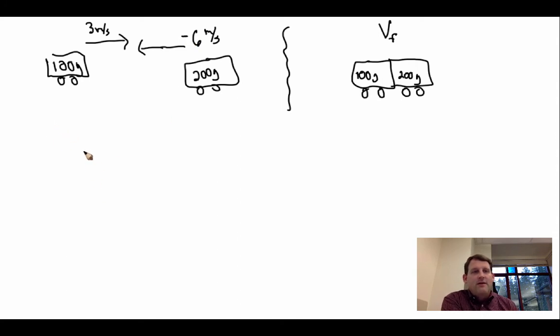So the momentum before, M1 V1 plus M2 V2, and these are all before, is going to be equal to the momentum afterwards. So the momentum here again is just the total mass, which is M1 plus M2, these two masses, times the velocity final.